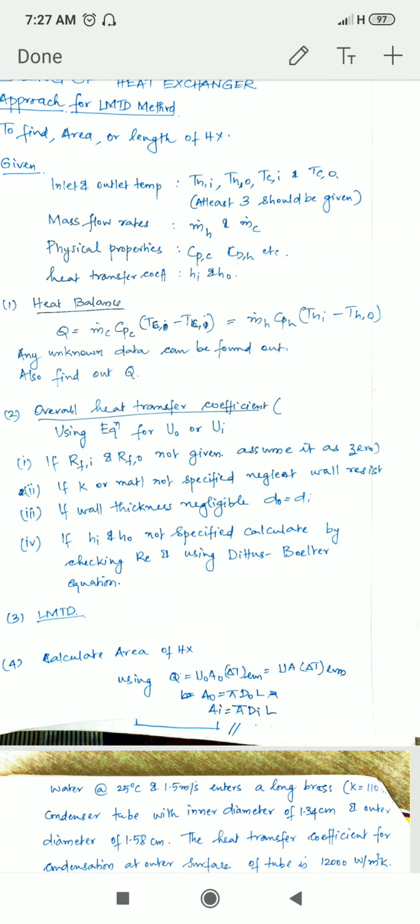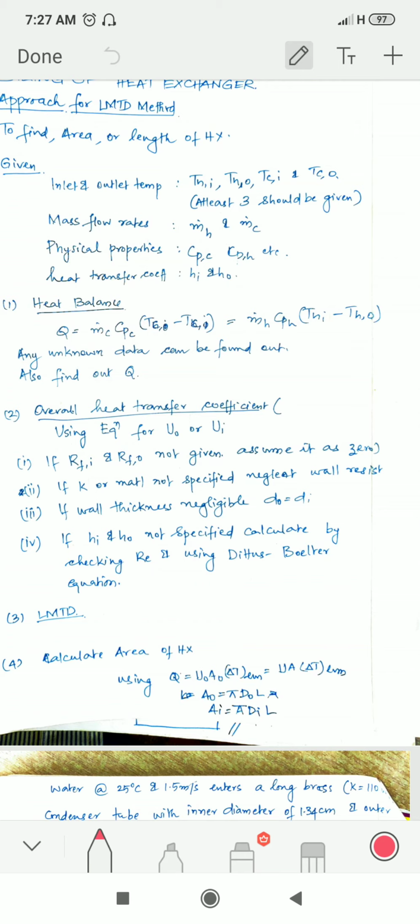I have taught you that earlier. 1 by U equal to 1 by Hi plus 1 by Ho. There is a formula like this. So you can use this.